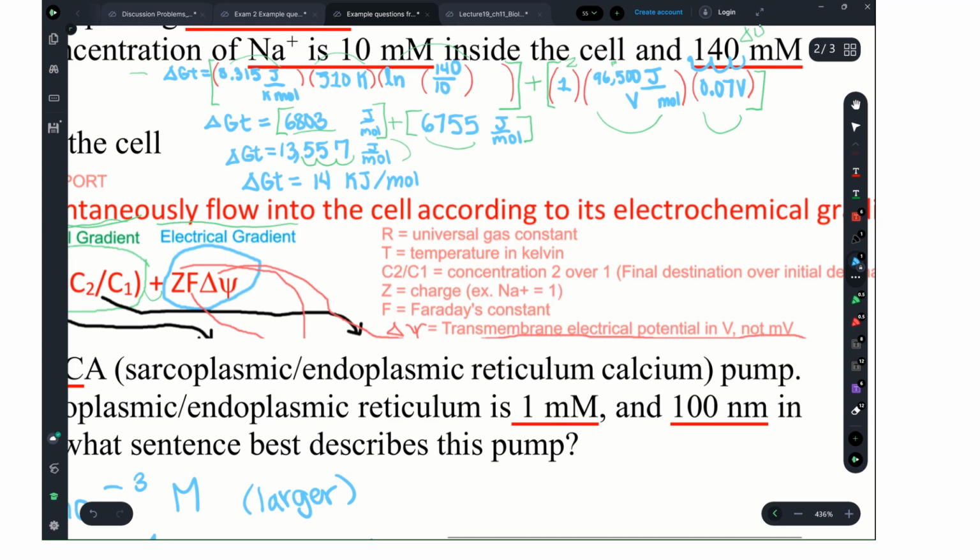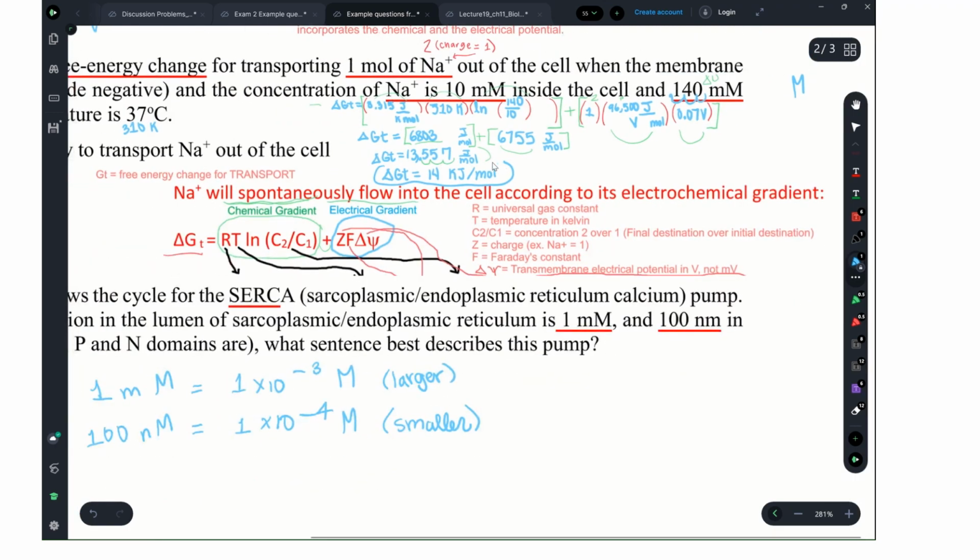But delta GT is always given as kilojoules per mole. So you just move the decimal point over 3 times, and so that will give you 13.55. So you just round up to 14 kilojoules per mole, and that's how you do the math. It seems a lot, but once you know the terminology, it's actually not bad.